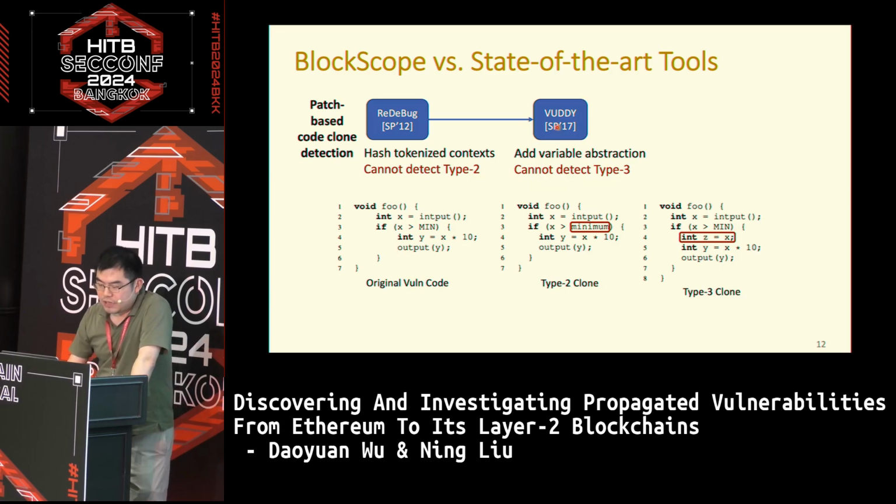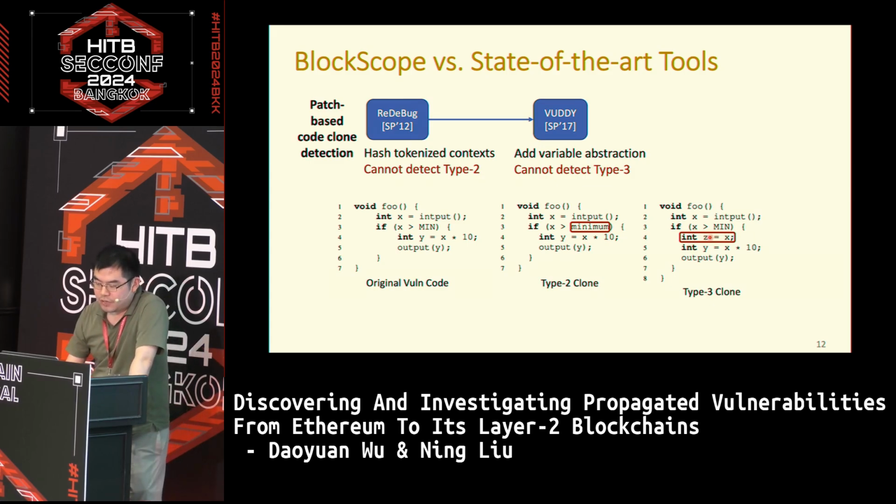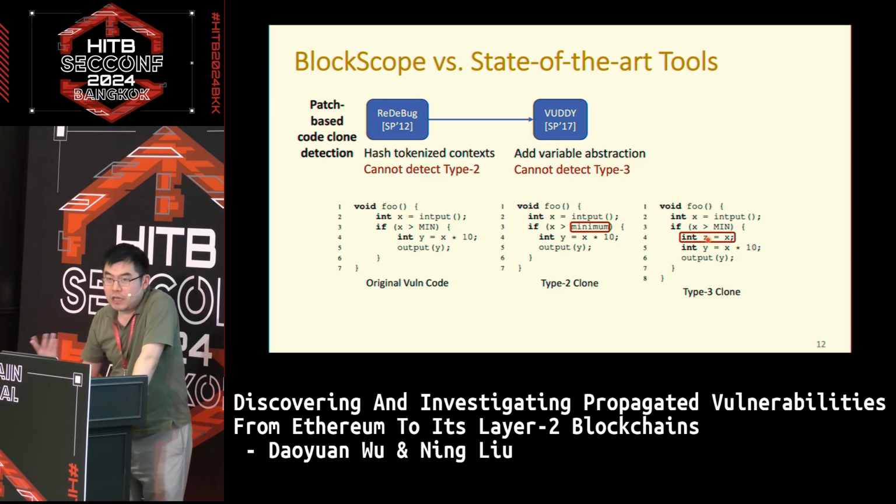And in recent years, there is another tool, maybe developed by a Korean university. It was also published in a top-tier academic security conference. Its major advantage is that it further abstracts such variable names and function names into some common names, so that it can be immune to type 2 clones.